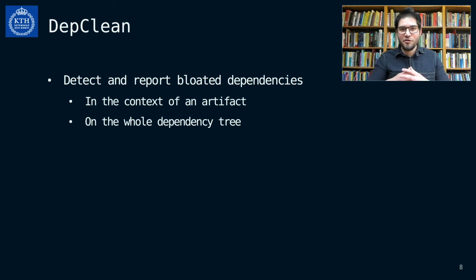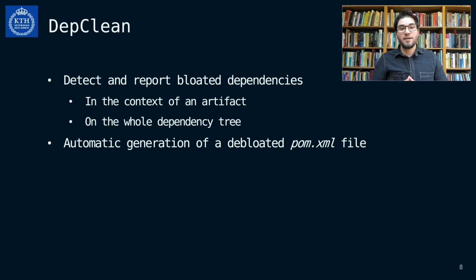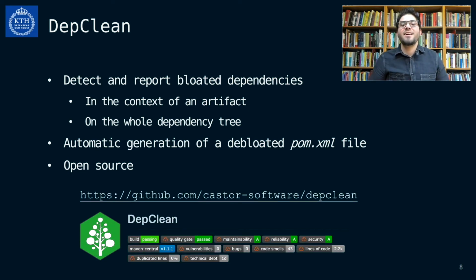Another important feature of DepClean is that it produces an alternative pom.xml file with all the bloated dependencies removed, so developers can directly use this POM file in their projects. And of course, DepClean is open source, so it is publicly available on GitHub.